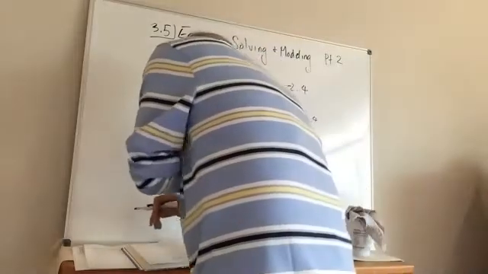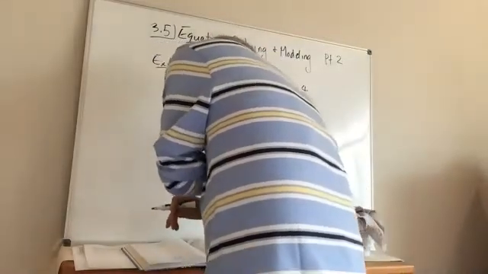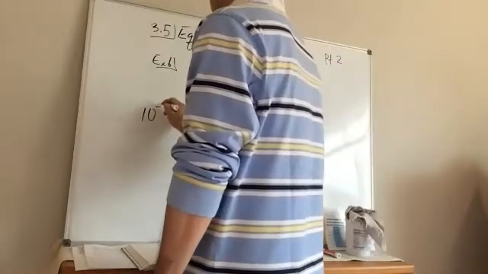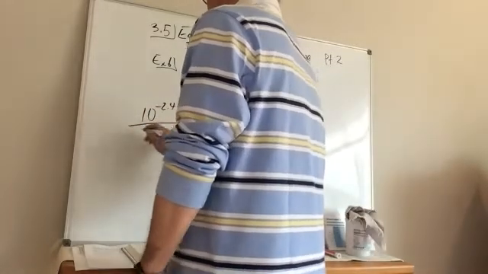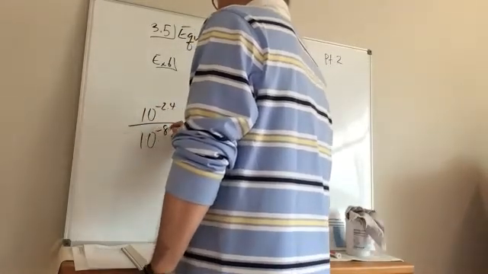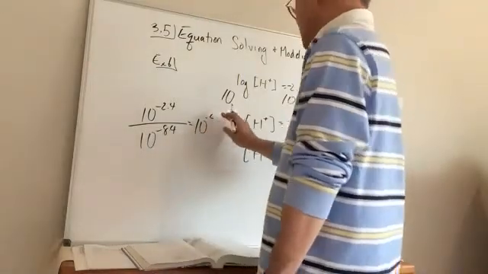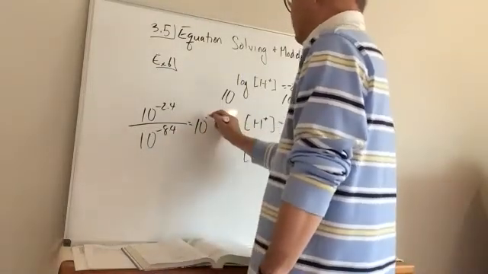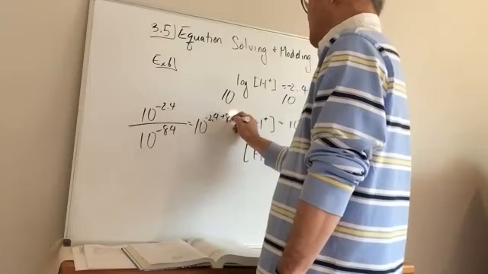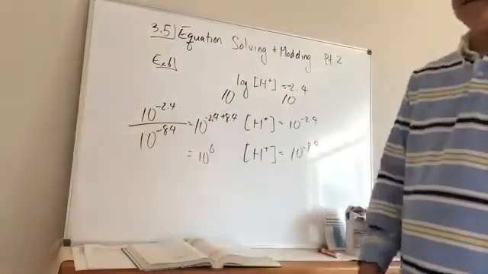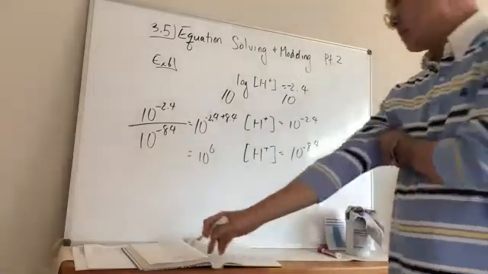B, how many times greater is the hydrogen concentration of the vinegar versus the baking soda? So it's going to be the vinegar over the baking soda. It's going to be negative 2.4 plus 8.4, 10 to the 6.